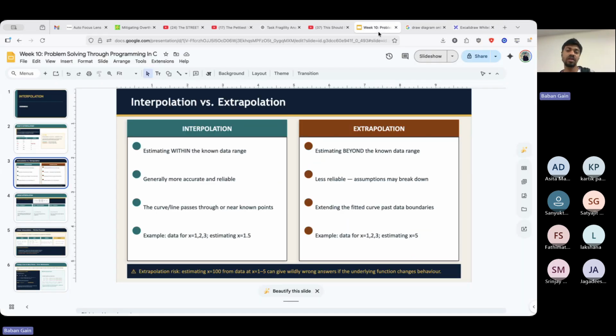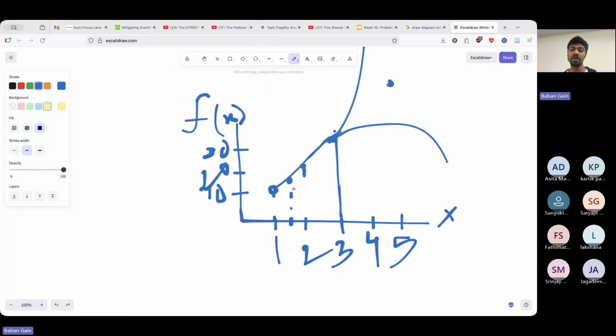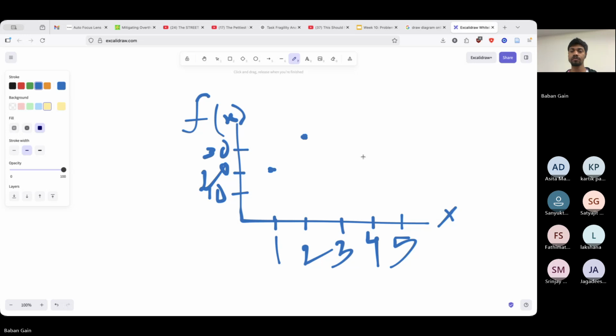Basically, interpolation is more reliable, and in interpolation the curve or line passes through or near the known points, just like this. If I have 2 points, I draw a line like that. Also, it need not be a line; it can be a curve as well. Let's say I have something like this, it can be like this, it can be something like this.